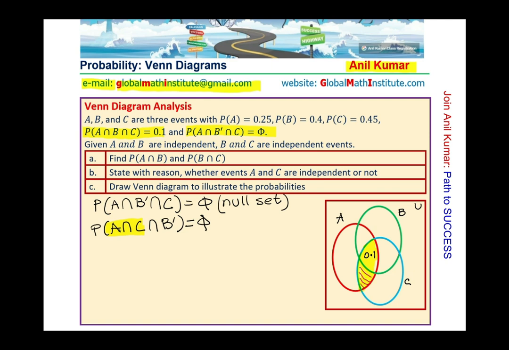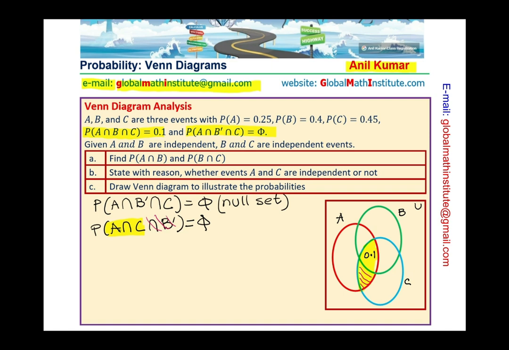You get the idea. So the probability of this region is phi, meaning 0. You get the whole idea. So we have shaded this and that probability is 0 as you've seen here. Now that should help us to answer the question easily.